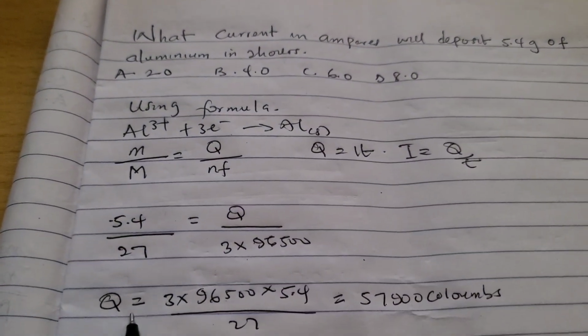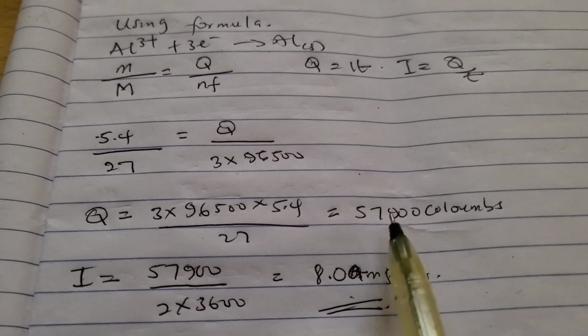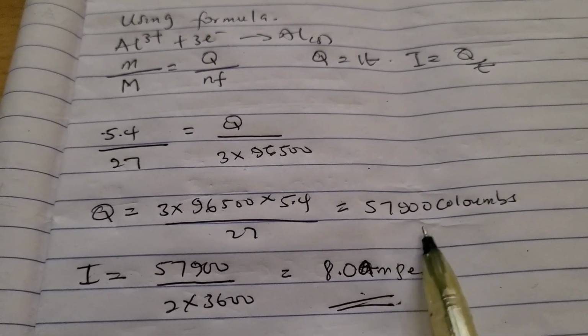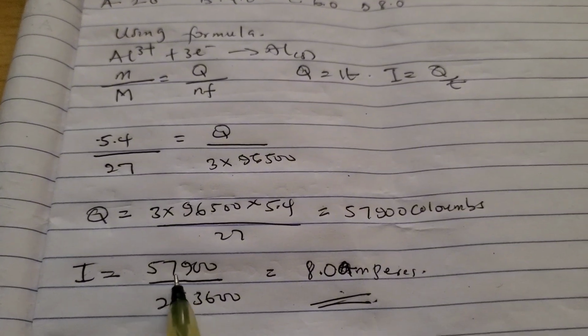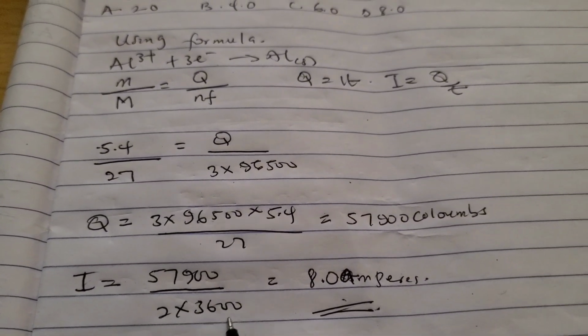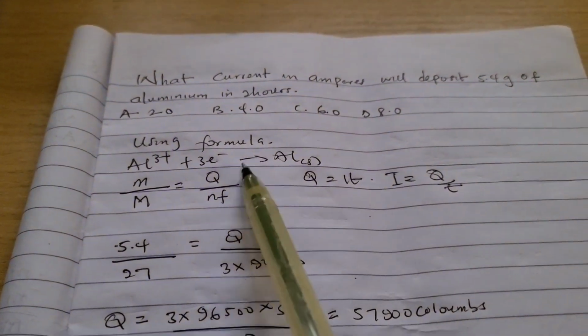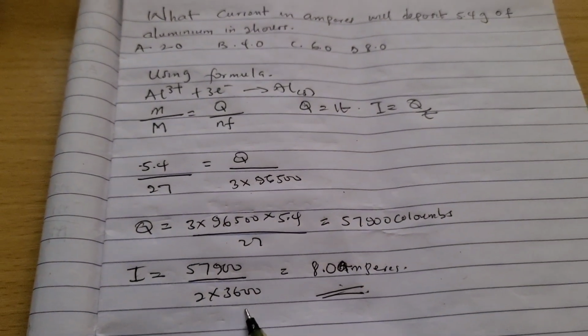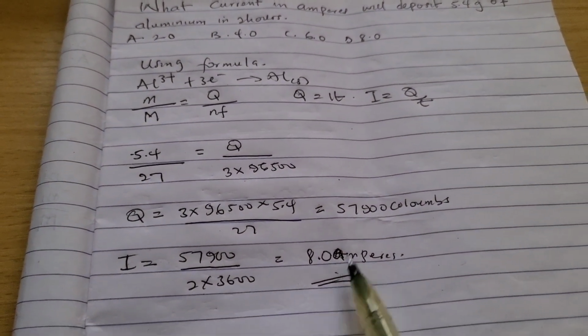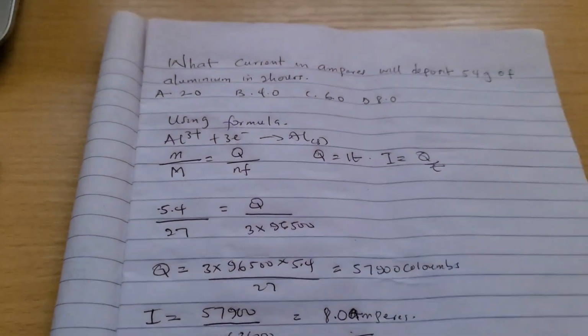And so when you make Q the subject, you are going to get 57,900 coulombs. Then you come back to your I equals Q over T. Then you convert your time to seconds because we're given in hours, so that will be 2 times 3,600. So we get 8. So the answer should be option D.